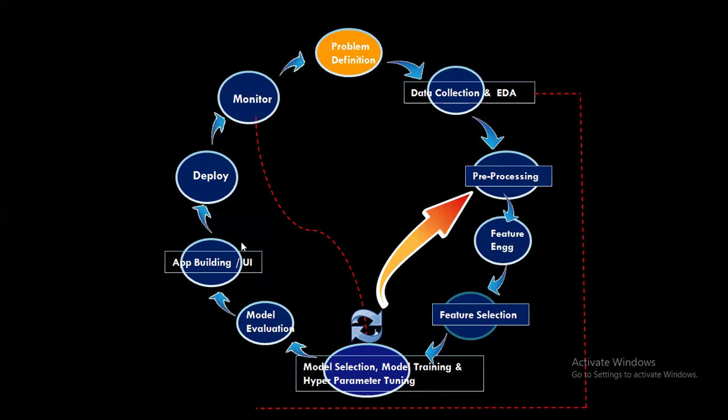Before you deploy the model, you create a user interface or some application so that the end users can enter the data. For example, previously we discussed loan. Say you are a banker.